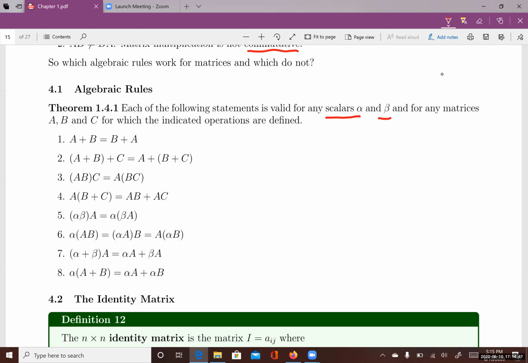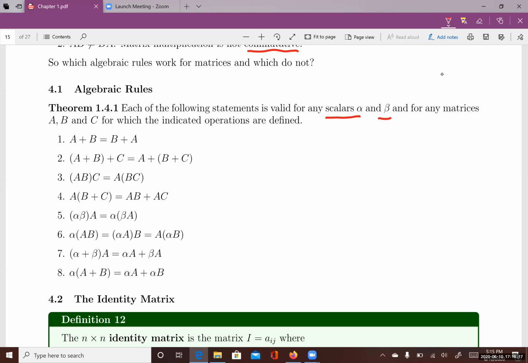First, if you take A plus B, you will have the same matrix as B plus A, if the addition of the two matrices A and B is defined. And then A plus B plus C is the same as A plus B plus C with different grouping. So you can group A and B, or you can group B and C and then add it to A later.